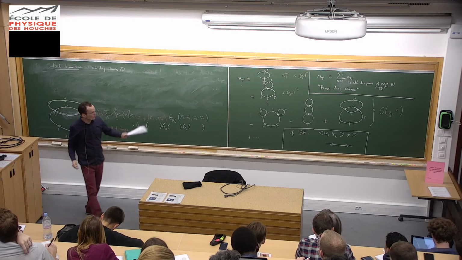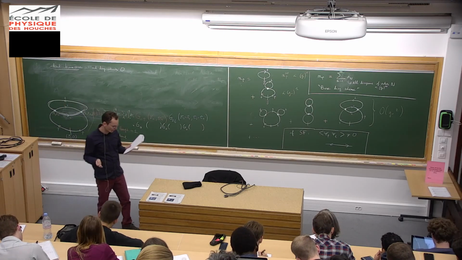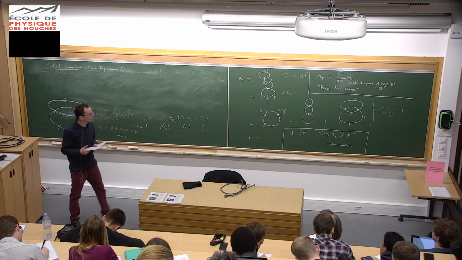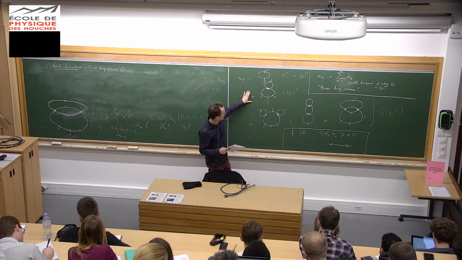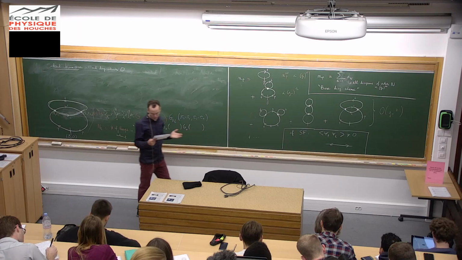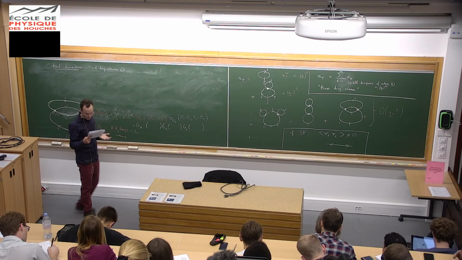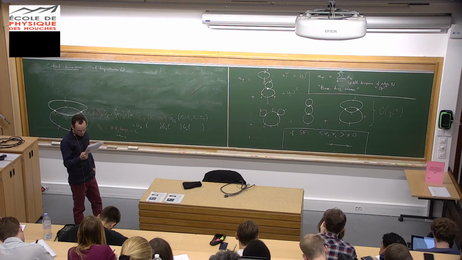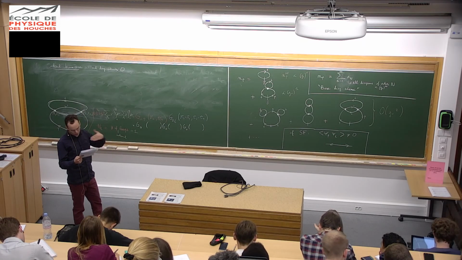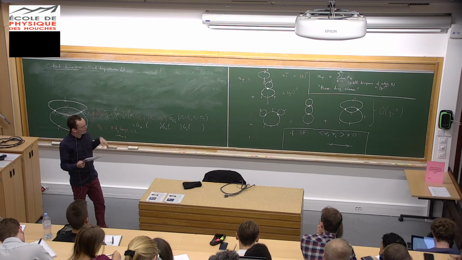So you cannot take this limit just blindly. If you want to do calculations using these diagrams, you need to keep a finite lattice spacing b. And then, of course, you need to make b smaller and smaller and then extrapolate.